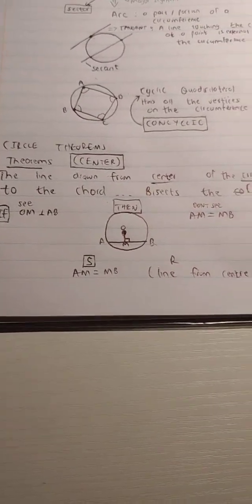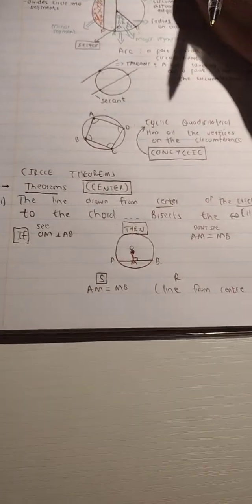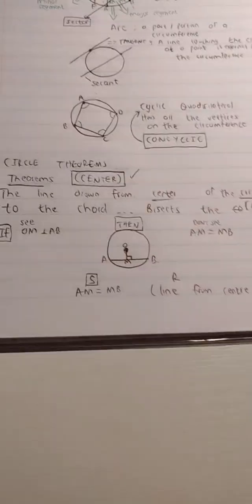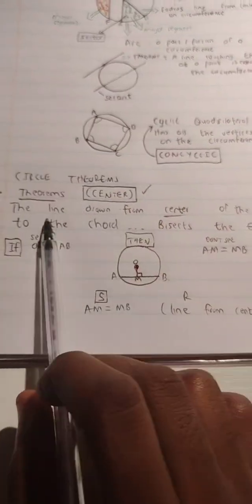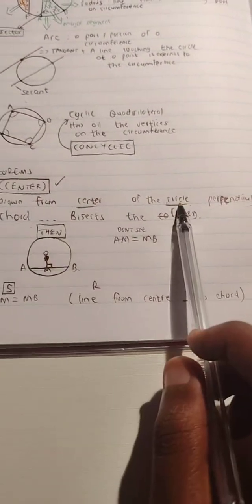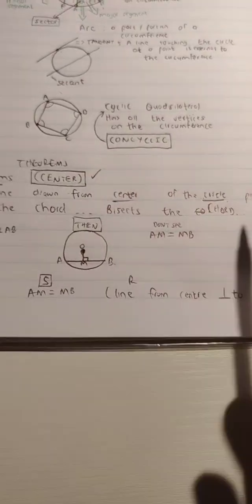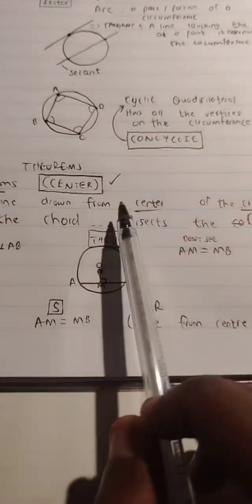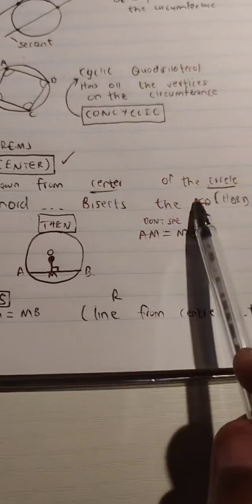Okay. All right. So that is theorem 1, one of the theorems that has to do with the center. So you need to know this theorem statement off by heart. Why? Because sometimes they will write down the theorem statement and leave certain words out. You need to be able to complete and fill in the missing word.